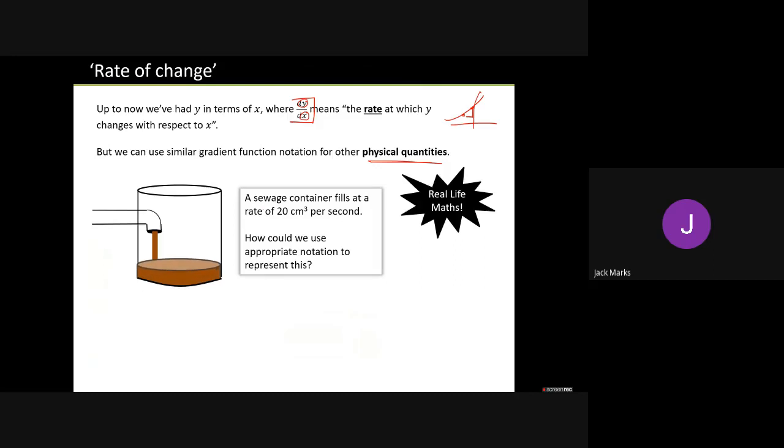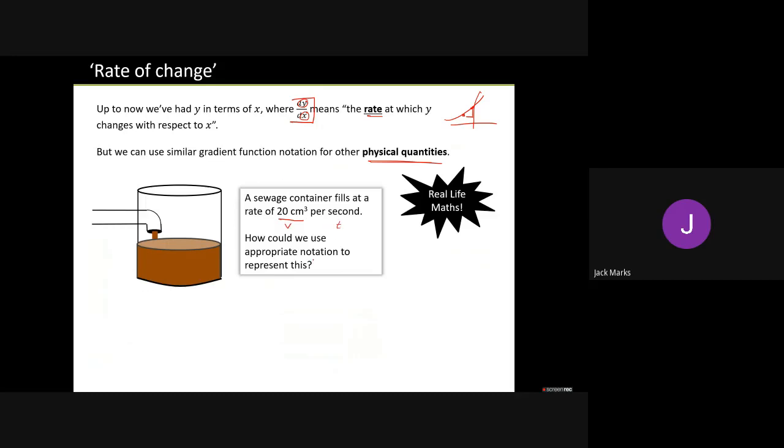So imagine we have a question like this. We have some container filling at this speed here. How could we represent this? How could we draw this? Because it's not so apparent that it's about y and x. The rate at which something changes with respect to something. Well, what's changing here? Some sort of volume is changing, isn't it? With respect to what?